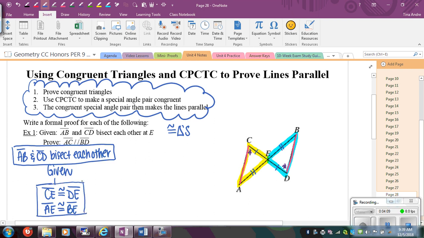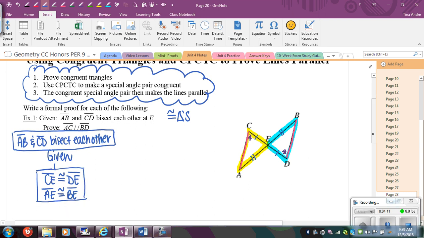That's because a segment bisector implies 2 congruent segments. That's going to give me my 2 sets of sides.